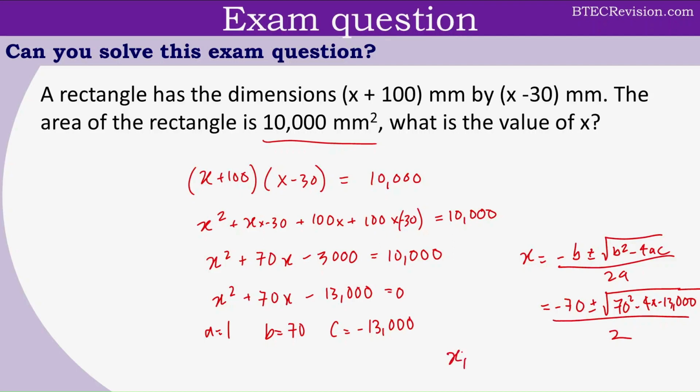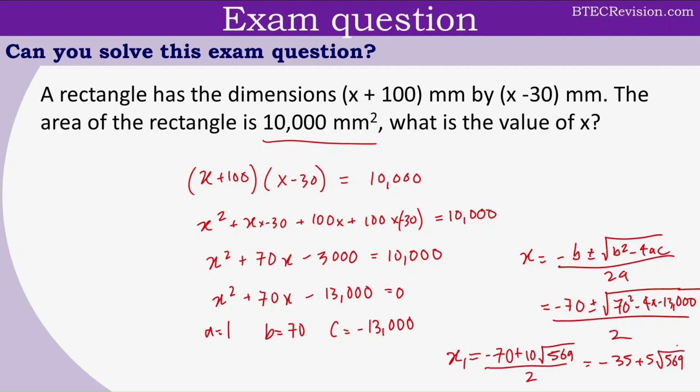So plugging that into our calculator to calculate the discriminant, we have x1 is equal to negative 70, add, for the first value, 10 root 569, all over 2. We can simplify that further, so that will give us negative 35 plus 5 root 569.